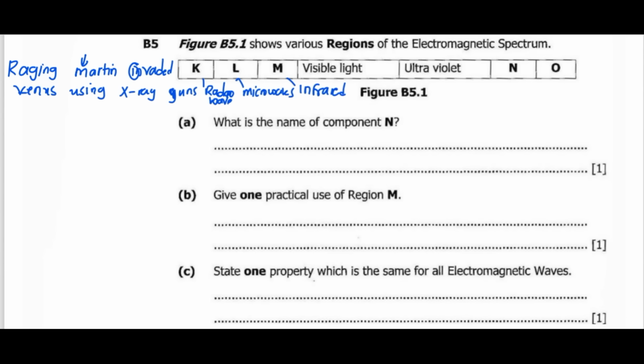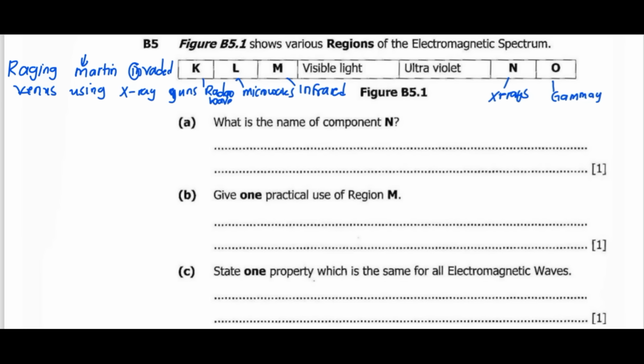Then V is for visible light. U for ultraviolet. Then X-ray is just X-rays here. Then guns, we have gamma rays. So we are saying Raging Martians Invaded Venus Using X-ray Guns. So you can use this to master the arrangement of these waves.